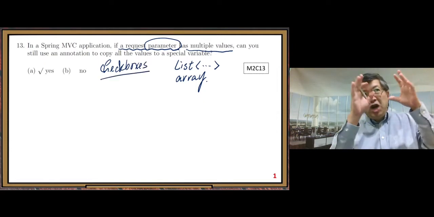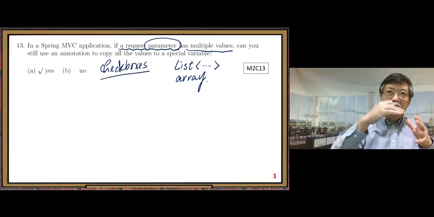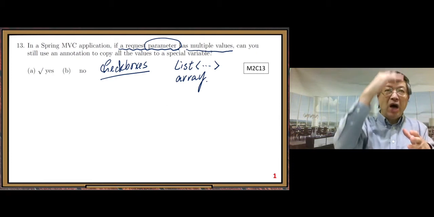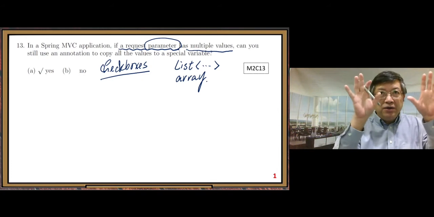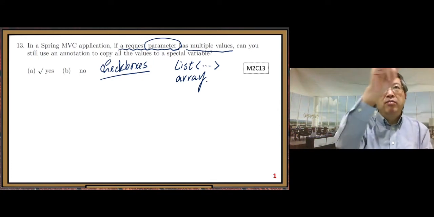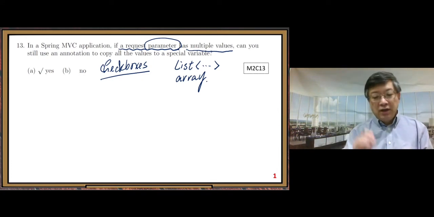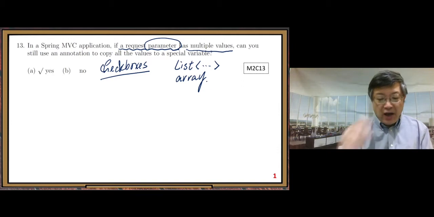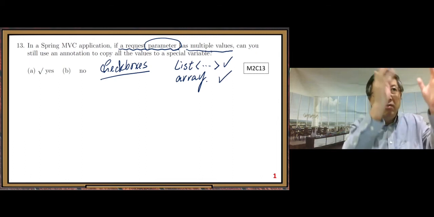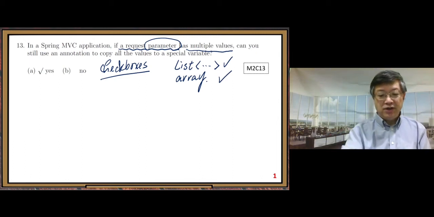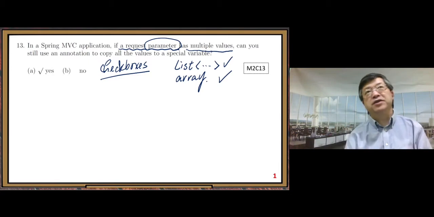When you use checkboxes to select multiple options, all those values are under the same parameter name. So in that case, you need to use some special Java object to store multiple values. So list, array, in those cases.